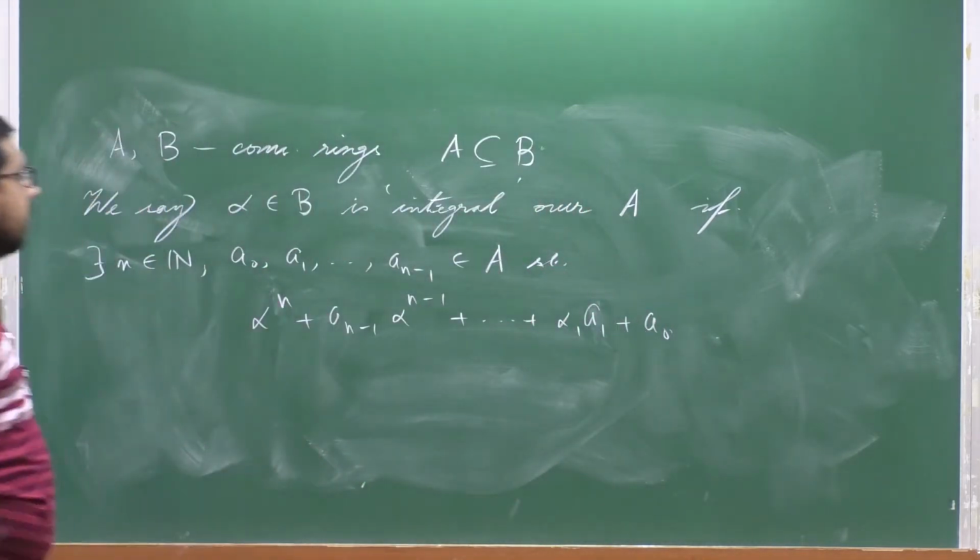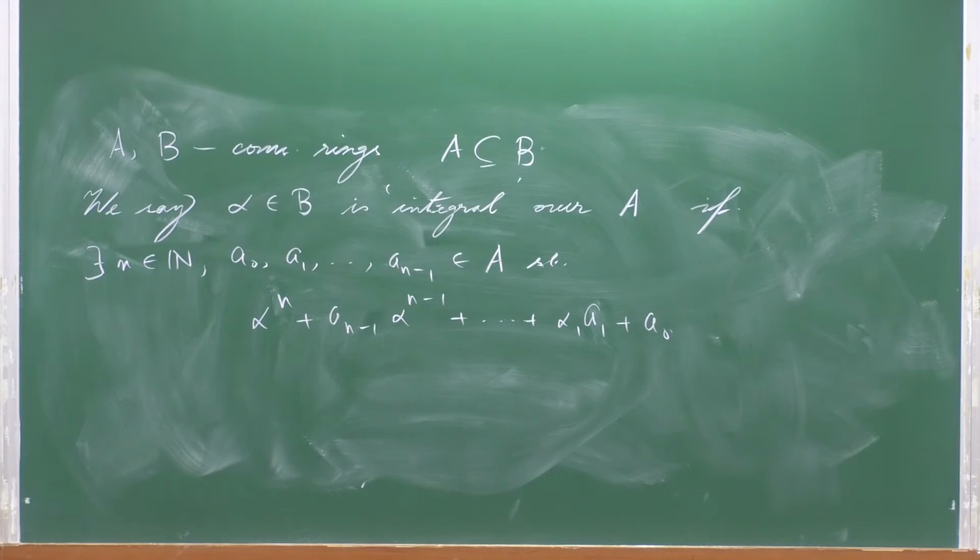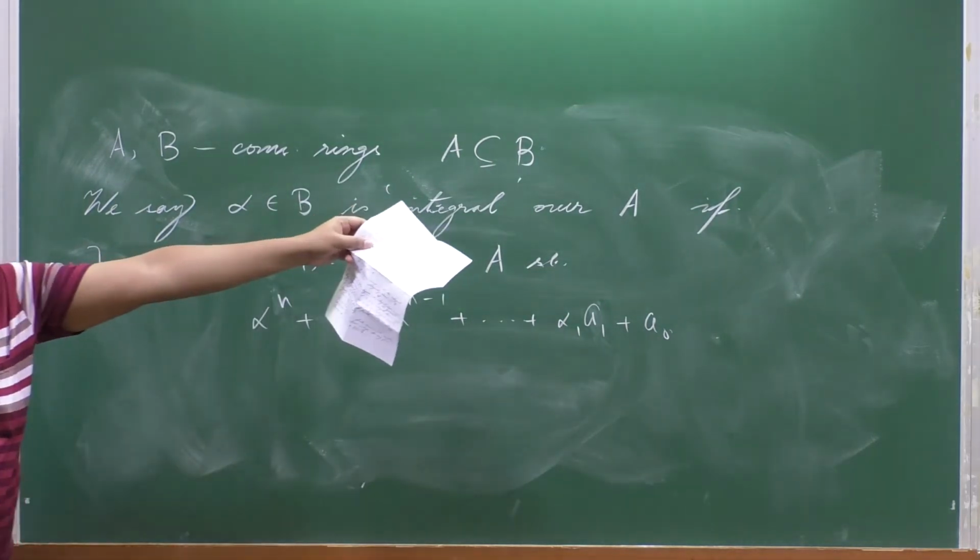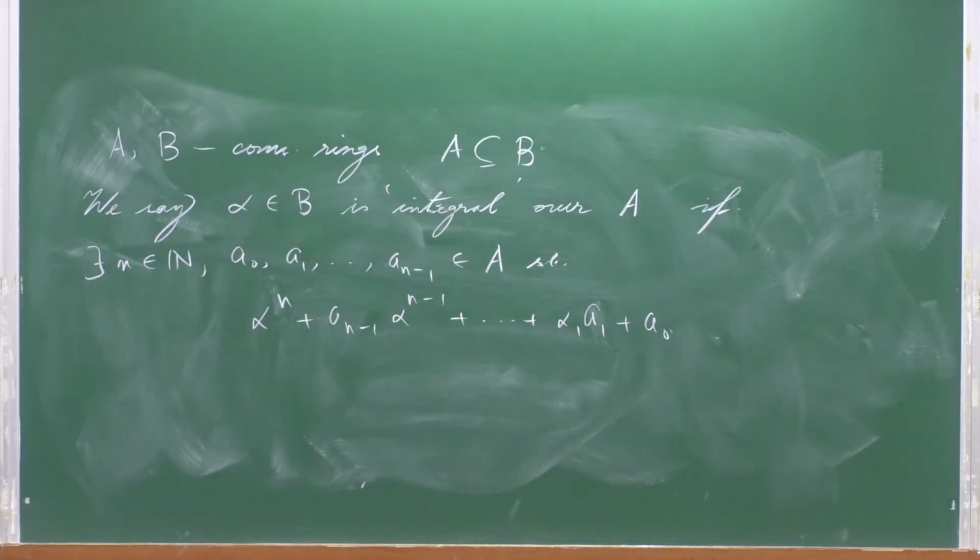That is, alpha is integral over A if there is a monic polynomial with coefficients from A whose root is alpha.